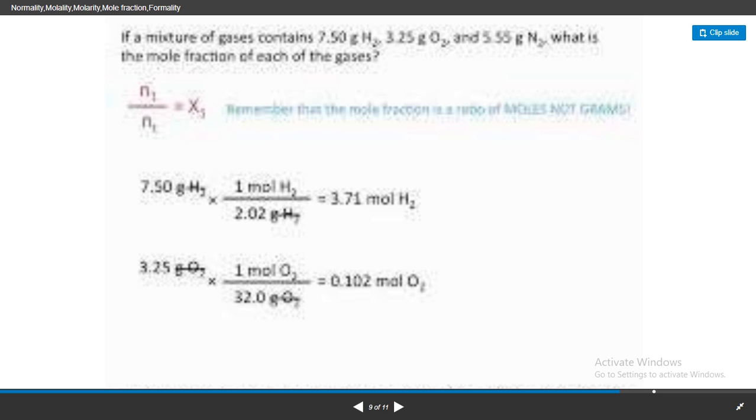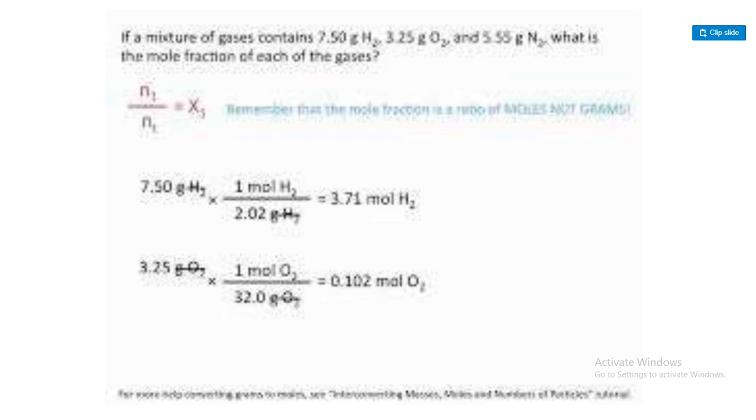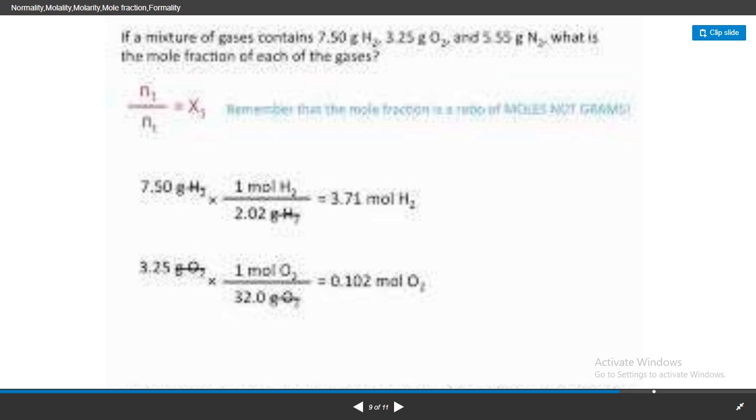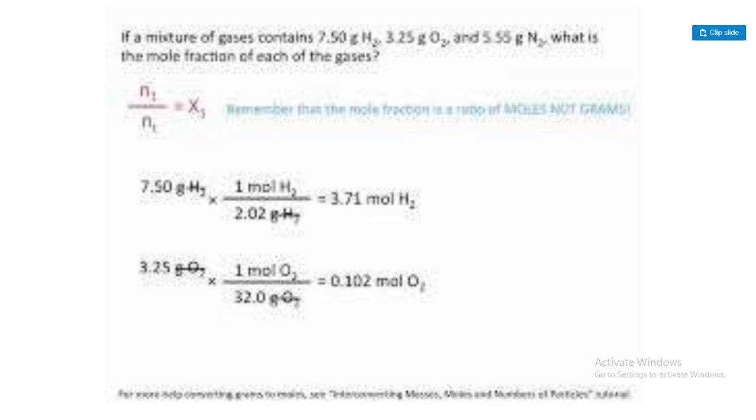We want to calculate it in moles, so 1 mole hydrogen divided by the atomic mass of hydrogen, 2.02 gram. So we'll get 3.71 mole hydrogen. For oxygen, same. Atomic mass of oxygen is 32. If we divide the gram by the atomic mass, we'll get the mole, 0.102 mole oxygen. Similarly, we can also calculate the nitrogen.